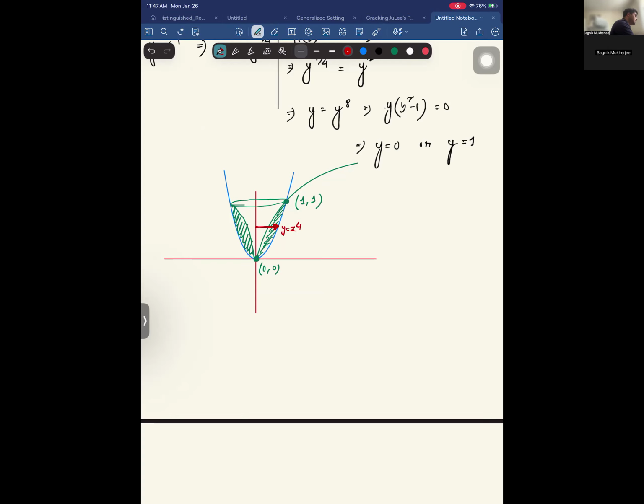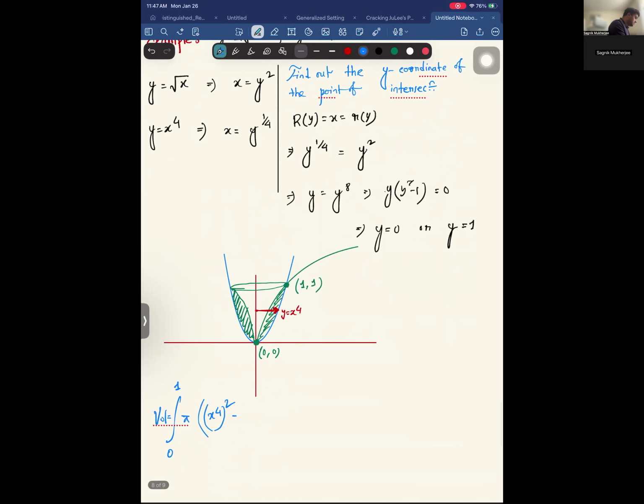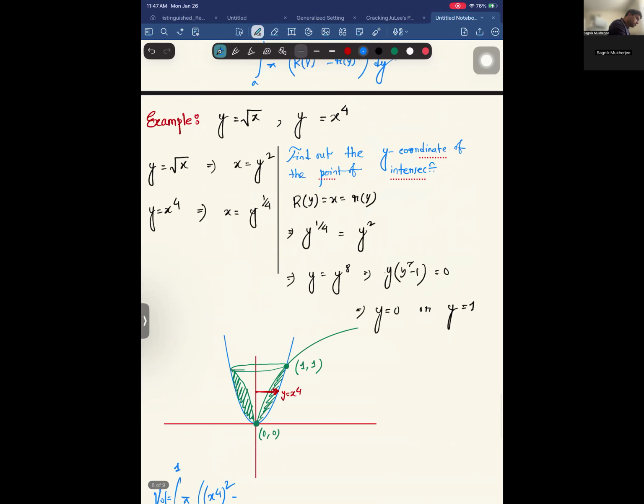So that means the volume is pi times (x power 4) squared minus, sorry, yeah, I'm sorry, my bad. This should be y squared.